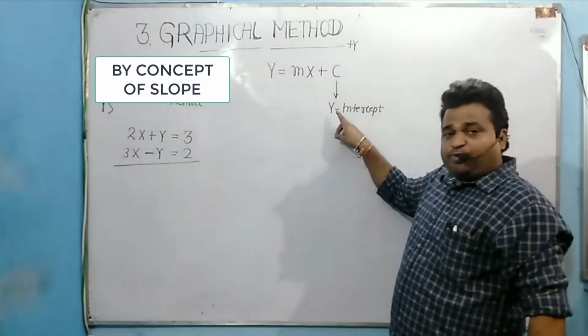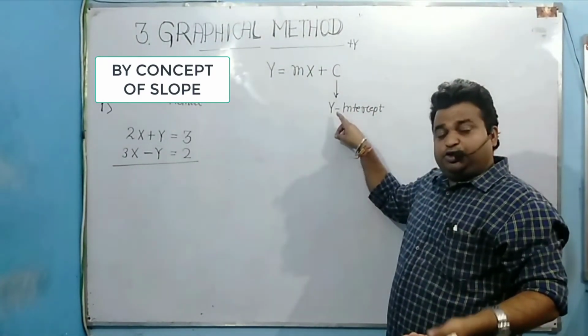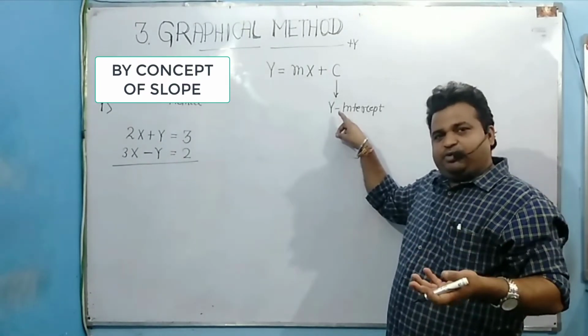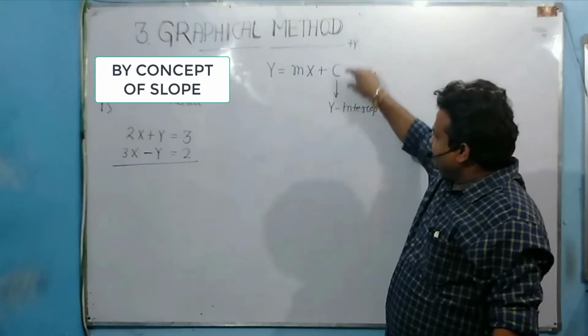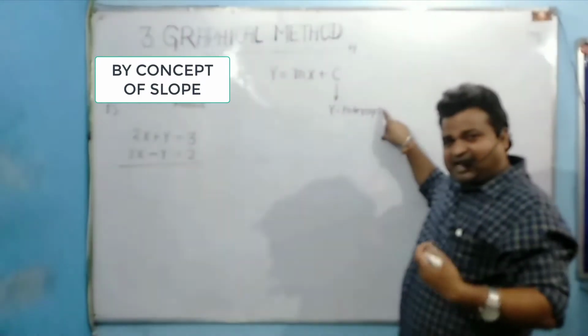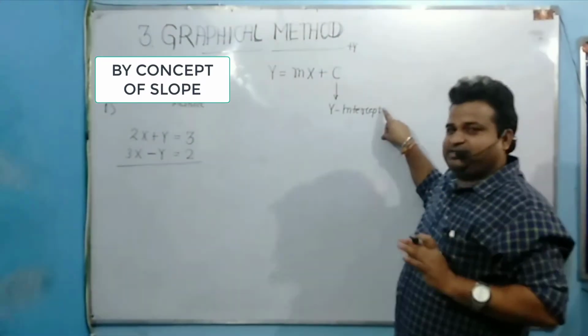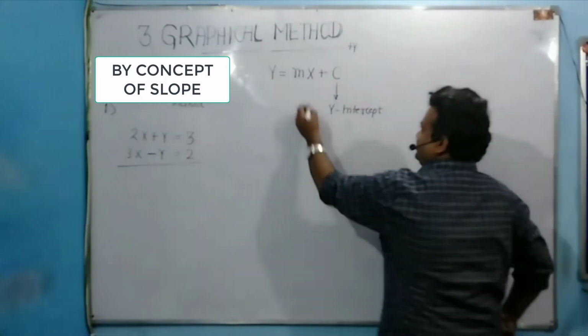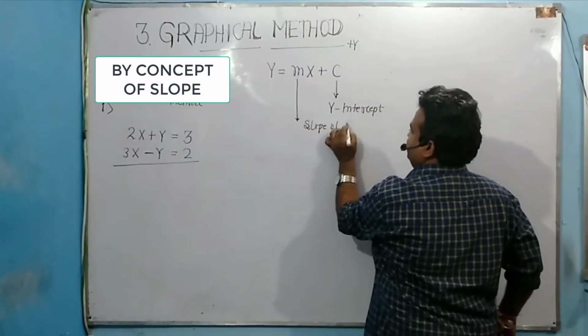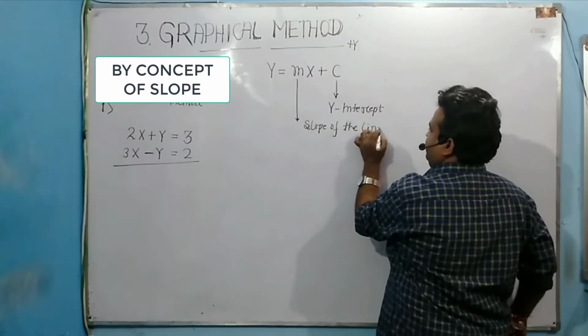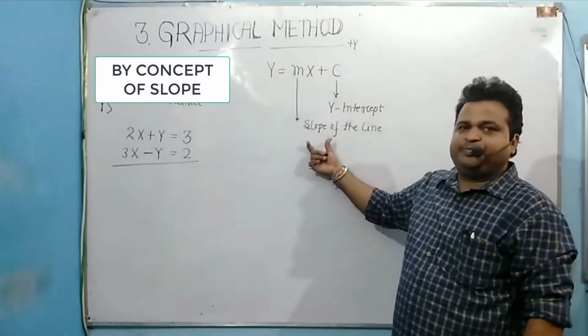Y-intercept means the point where your line cuts the y-axis. So this c represents the y-intercept where the line cuts the y-axis. This m represents the slope of the line.